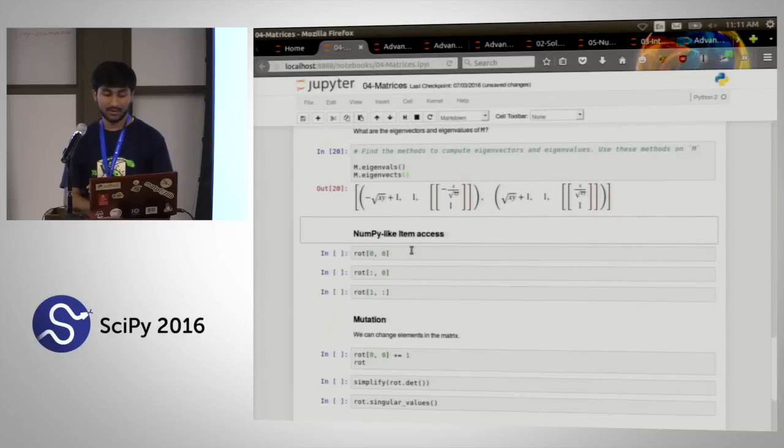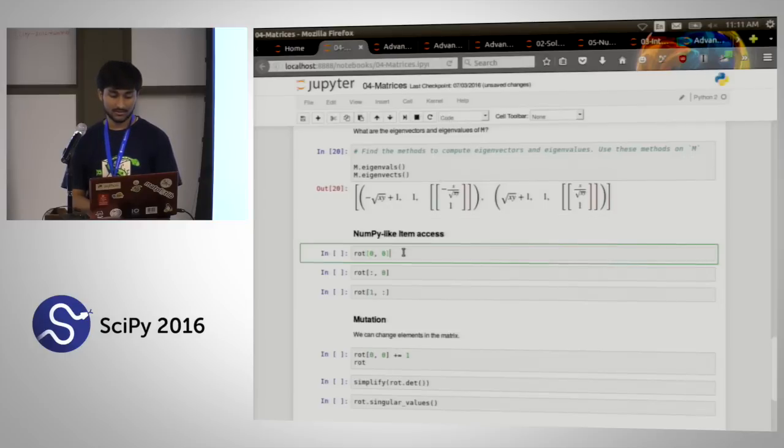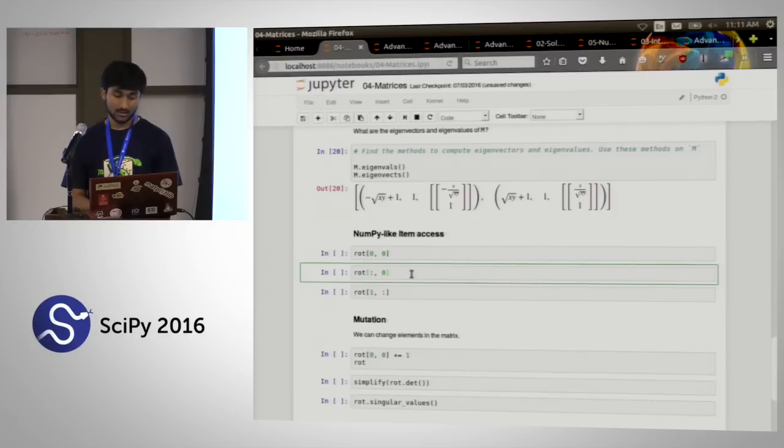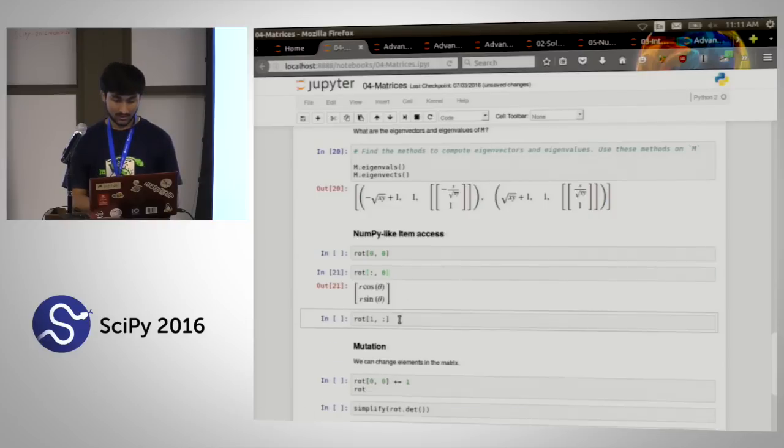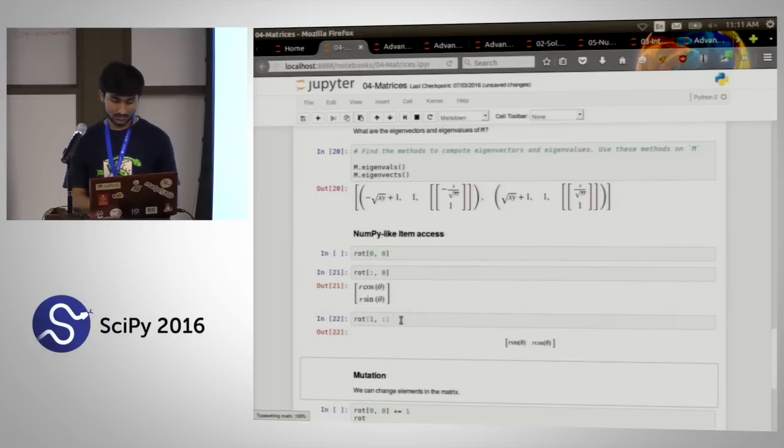And you can access individual elements of matrices as well. For example, the element at the 0, 0 index, the element at all rows of the 0th column, and the first row, all columns.